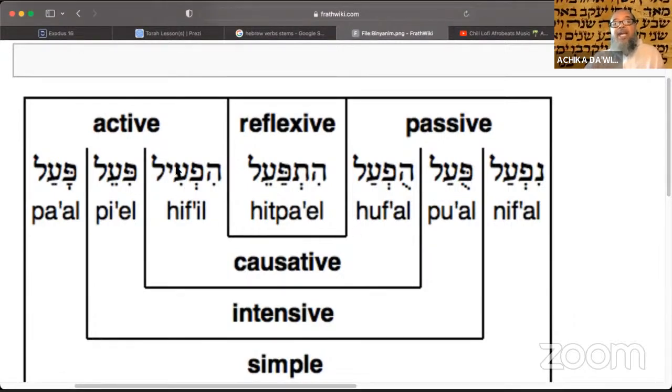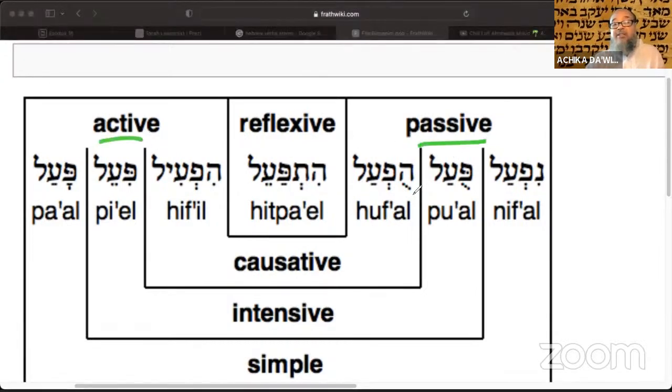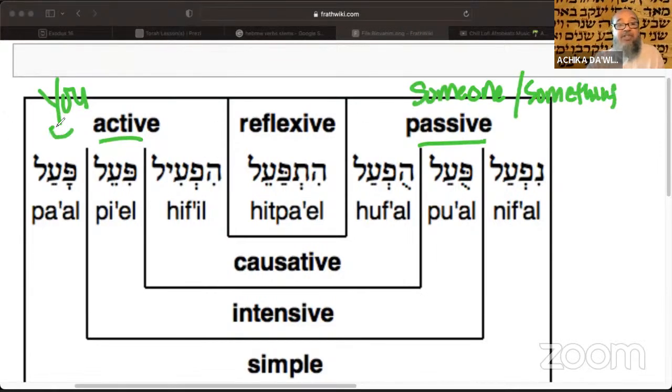What we have here is what they call the active and passive way of doing things. One is you are doing the action, right? And this is someone or something else is doing the action. So one is you actively doing it, and the other one is someone else is doing it upon you or something else.